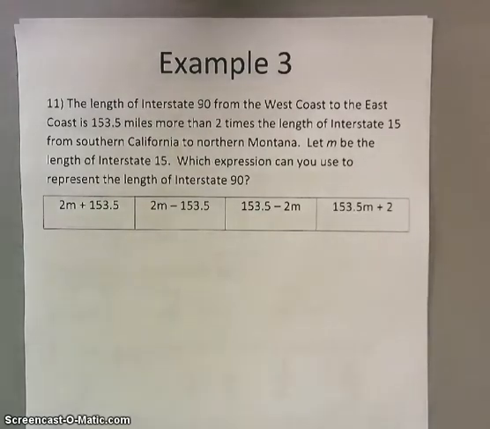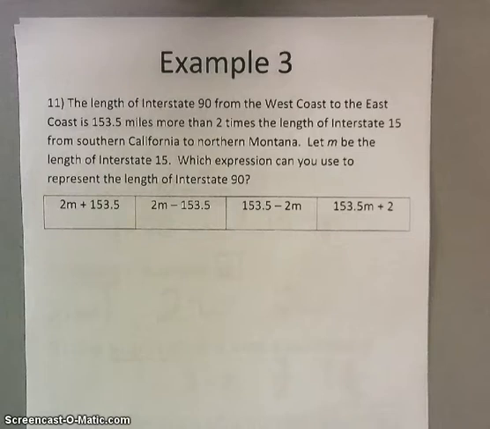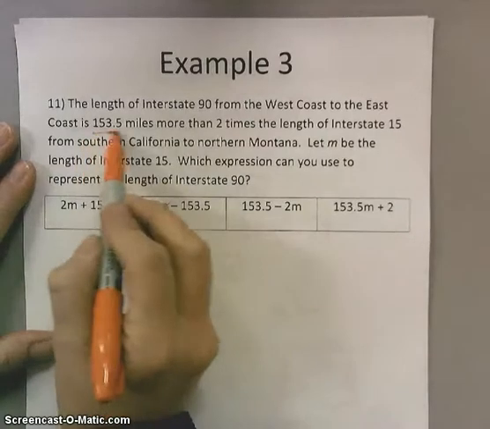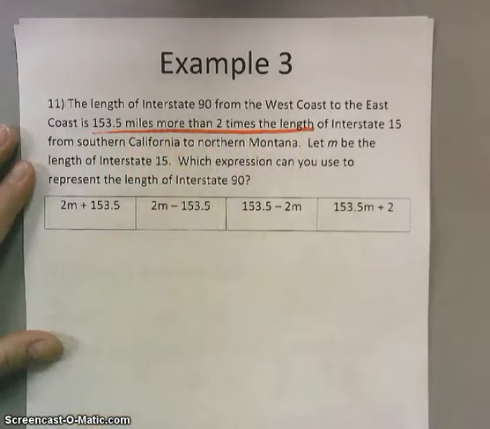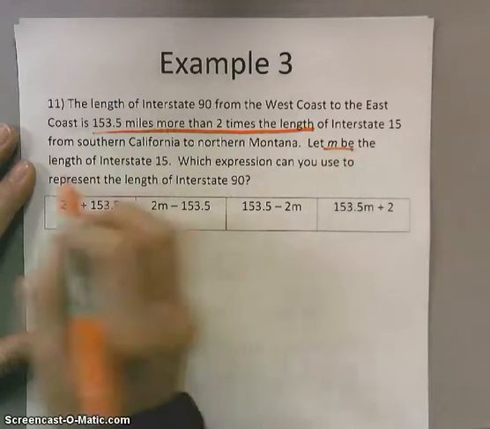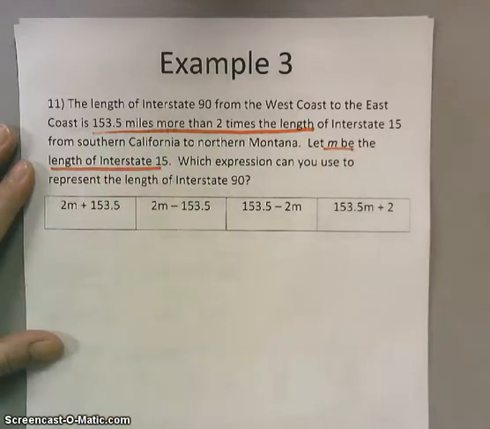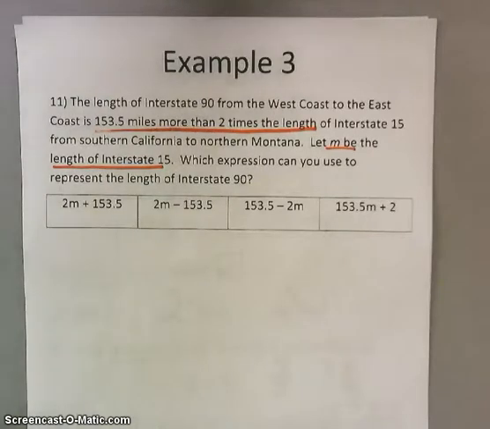Well, there is a lot of words there, and I really don't need to worry about all of them. What I'm mainly concerned about is I need to know that 153 miles more than 2 times the length. I also need to know that M is the length of Interstate 15. And so those are really my important information.